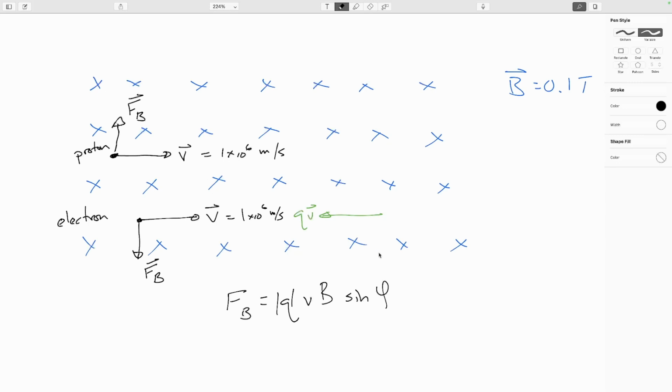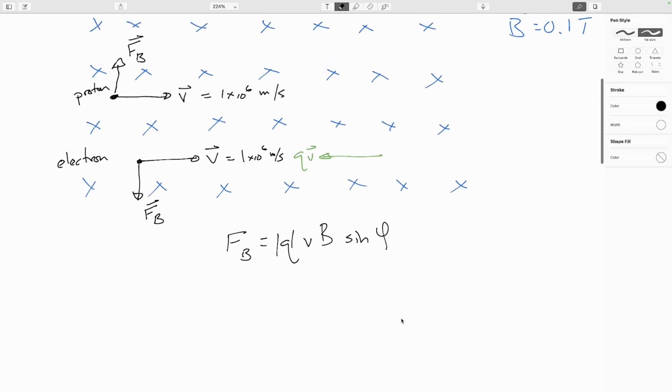If you don't believe me on that, again, go ahead and make the widget. Point your index finger to the right. That's what QV is doing. B is pointing into the screen. Your field fingers should be pointing into the screen. If you look at your hand, the angle between your index finger and your field fingers is 90 degrees in this case.